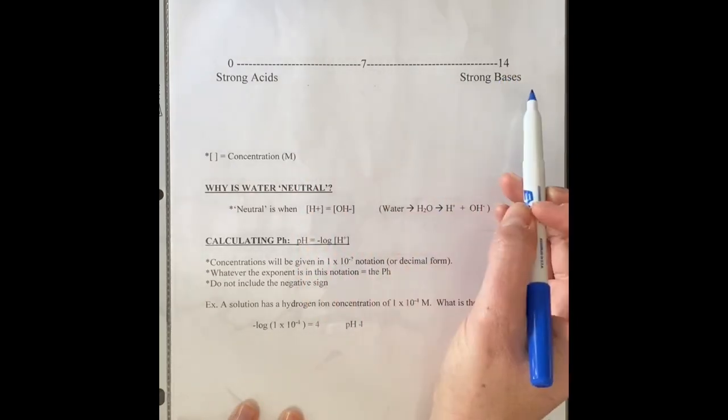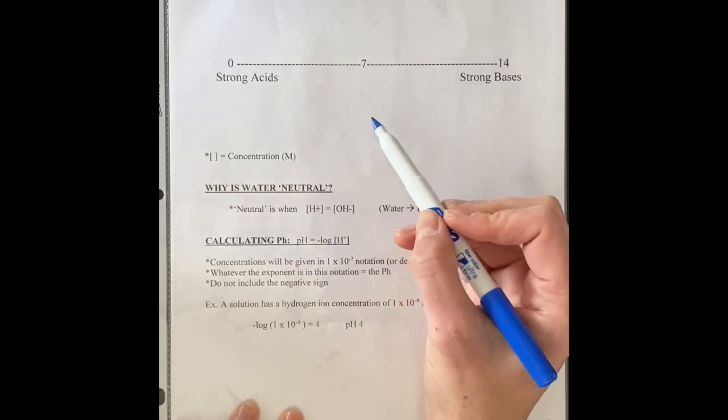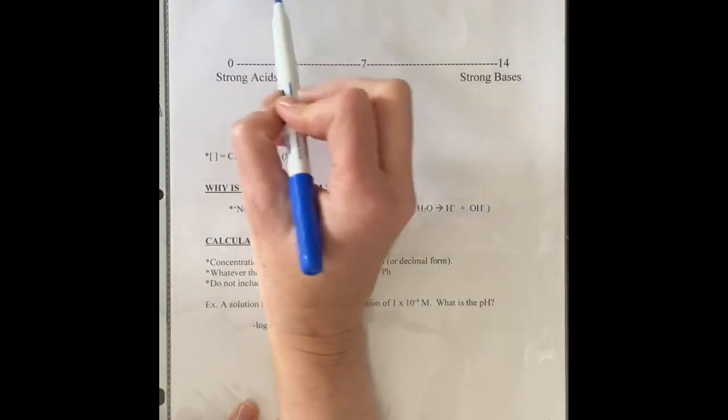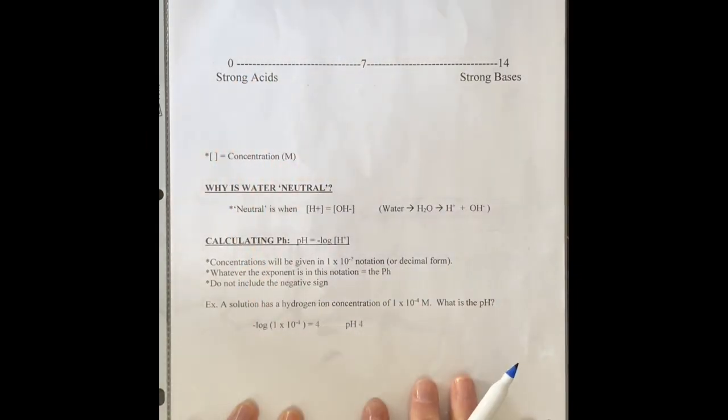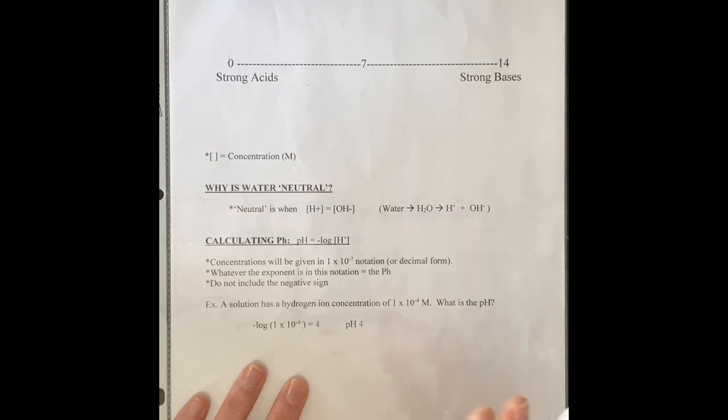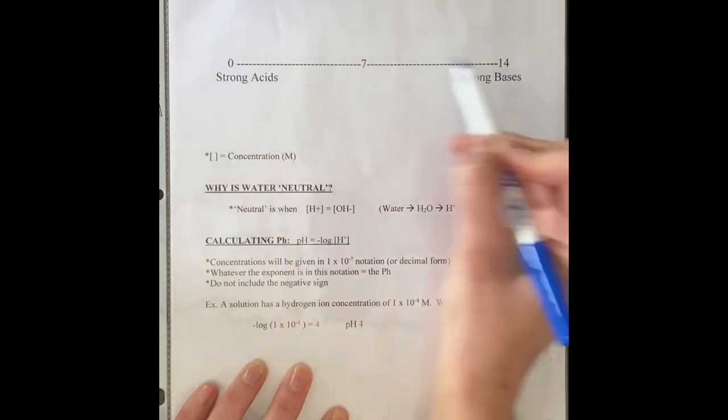This is basically a comparison scale. That's why we say relative strengths. Whenever you see the word relative, it means you're taking the value of one thing and comparing it to something else. It's kind of like a rating system, like what's stronger, what's weaker, the numbers getting lower, higher, etc. So we have 0 to 14.